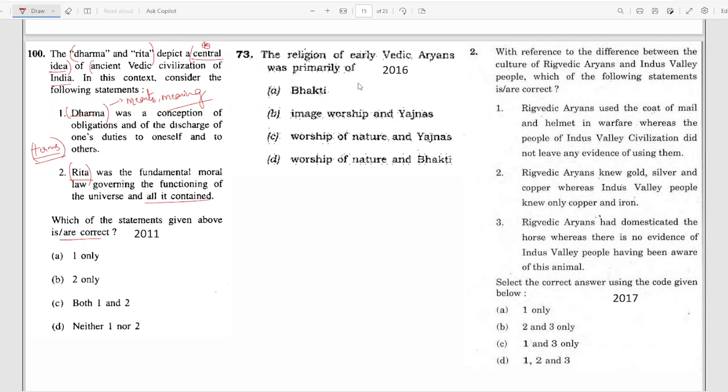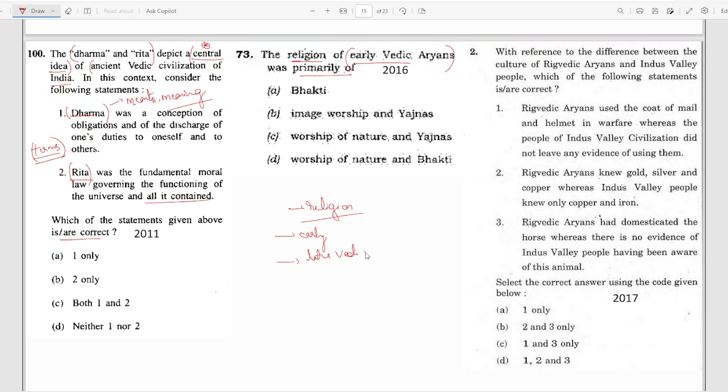Then in 2016, the religion of early Vedic Aryans. Again, when we were discussing Indus Valley civilization, we had discussed that religion is important, and they have asked about the religion of early Vedic Aryans. So this is early Vedic. Next they can ask about the later Vedic period.